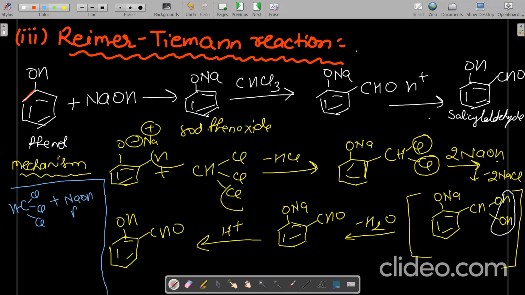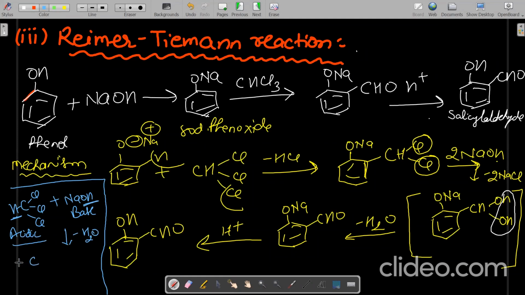Sodium hydroxide is a base, and in chloroform this hydrogen behaves as an acidic hydrogen. Why is this hydrogen acidic? Because Cl is an electron withdrawing group. So many Cl are there, 3 Cls. So chloroform behaves with acidic character. So this H plus will be lost, in the form of H2O.